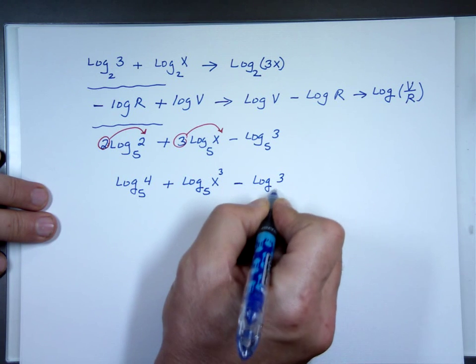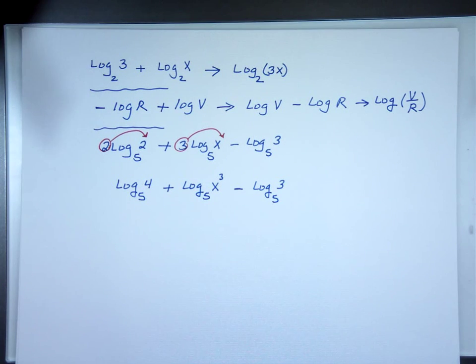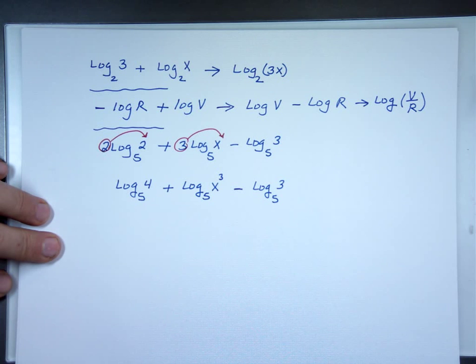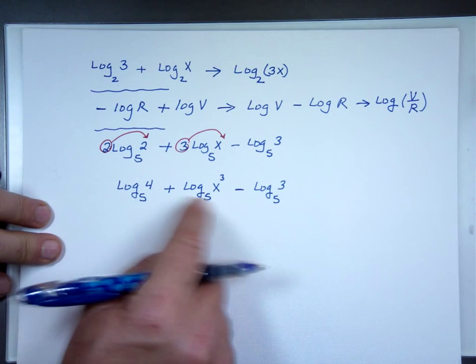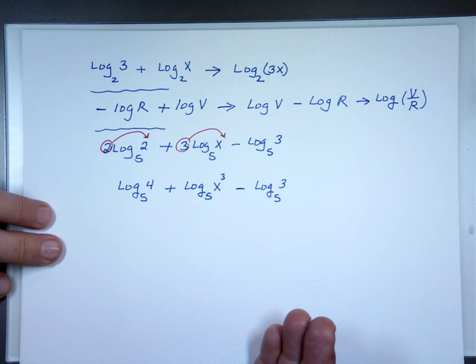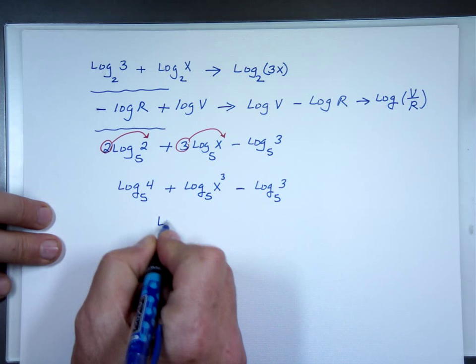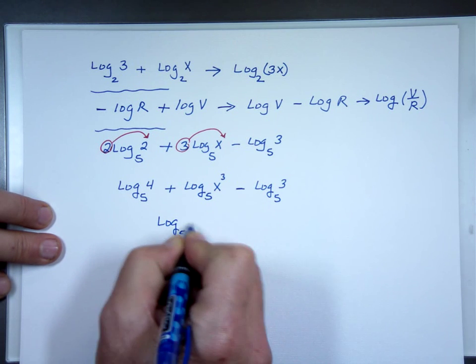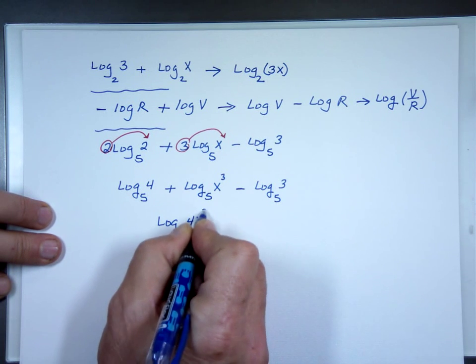Now, order of operations: when you have addition and subtraction, you go left to right. What do you see here? You see addition. Addition used to be what? Multiplication. Minus.